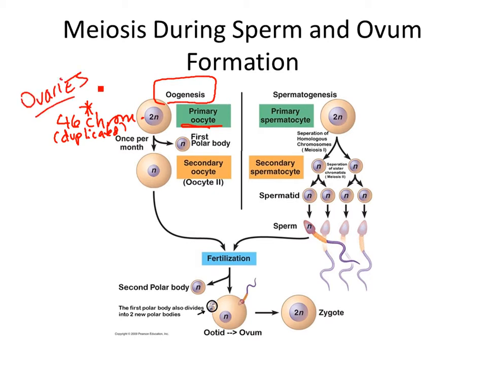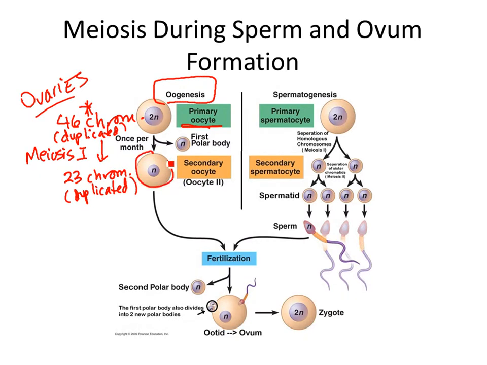Each of those 46 chromosomes is in a duplicated state, like we looked at on the last slide. This cell divides into two cells. It undergoes the meiosis I process, each of which contains 23 chromosomes in a duplicated state.